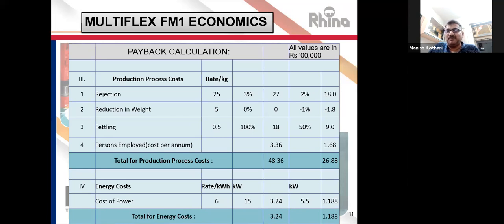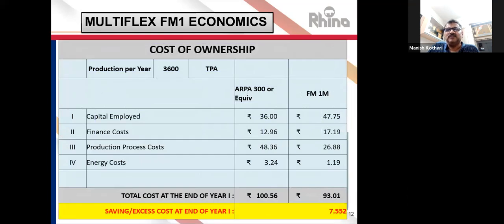It may not be applicable for all, so we have to make a calculation when we do it for other molding lines. But I can share the data of what we have done. We took some measurements of the machine working with compressed air and the machine working fully hydraulic, and we were able to see 30 to 50% lower energy consumption, which was also contributing, though small, to the saving in energy cost.